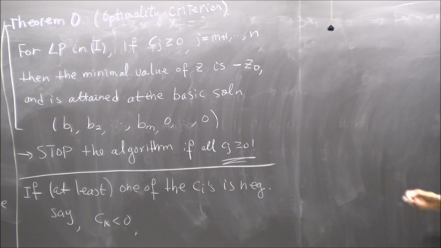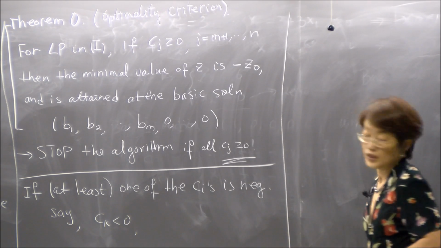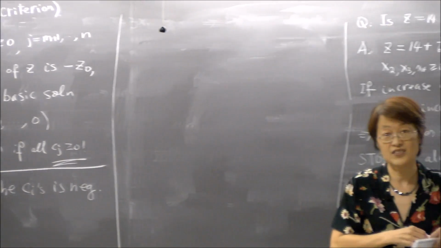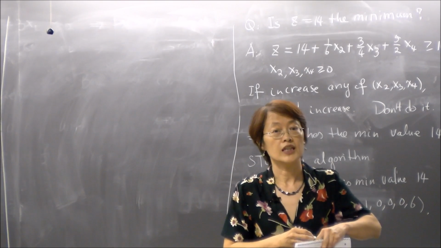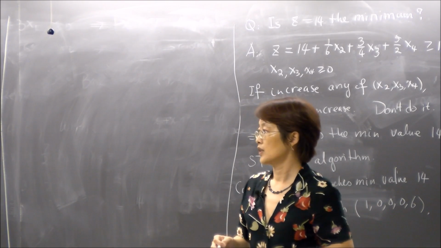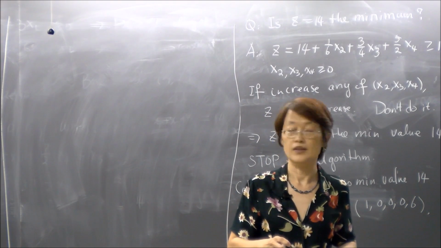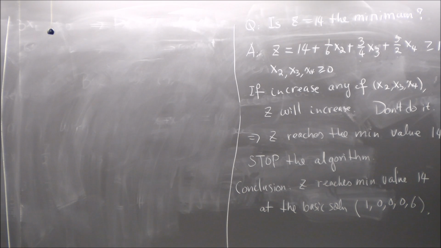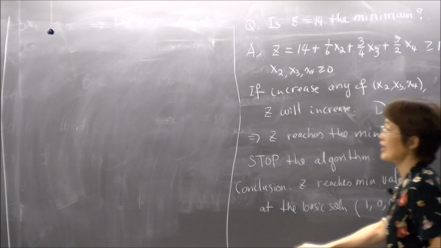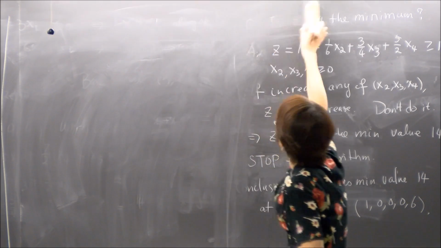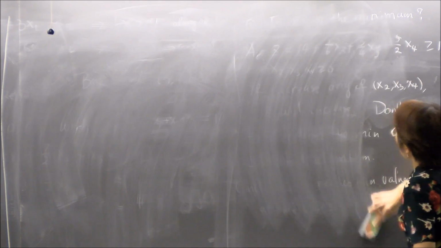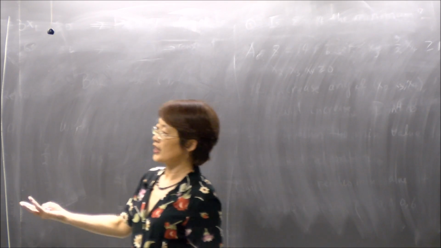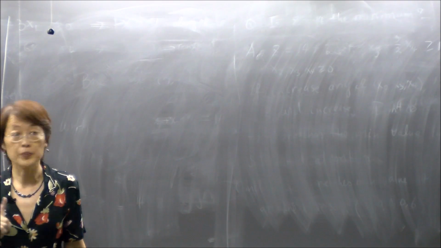So if that is the case, what shall we do? What did we do in our example once we found a negative coefficient in the objective function? Okay, it's erased from the board, erased from my memory. So what did we do? We found one of them is negative. That means if I make xk strictly positive, the z value could be further reduced.